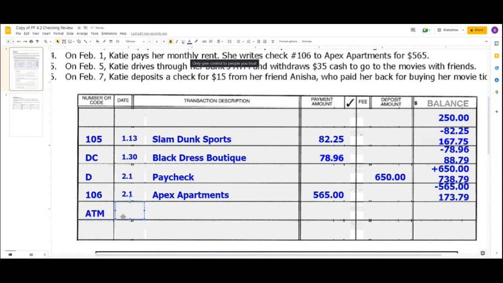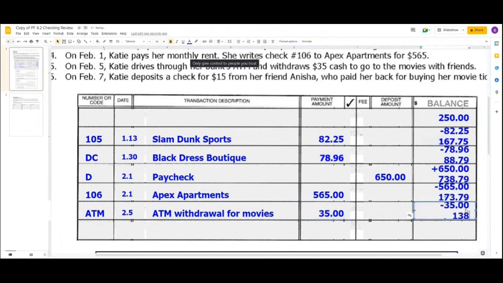So I'm going to put a code for ATM. So they take out $35. It takes down to 138.79.